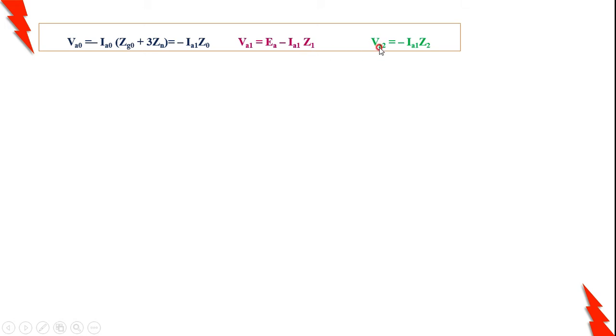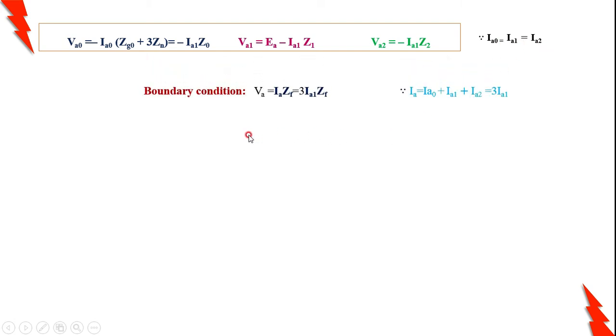Then VA2 also I am expressing in terms of I1, because actually it is minus IA2 Z2, but IA2 is equal to IA1, therefore it is minus I1 Z2. These are the network voltages in the zero sequence, positive sequence and negative sequence diagrams. Therefore, we know that IA0 is equal to IA1 is equal to IA2.